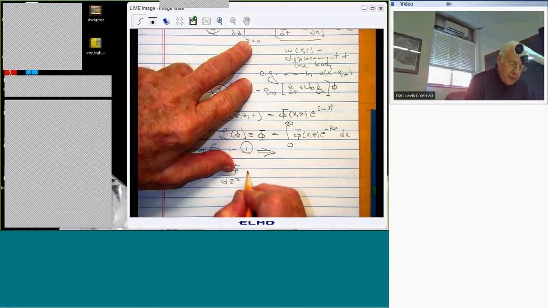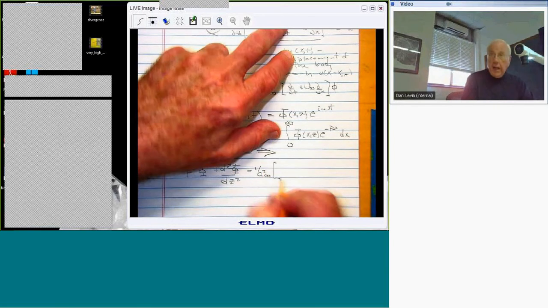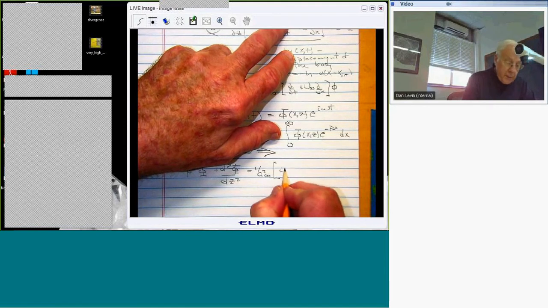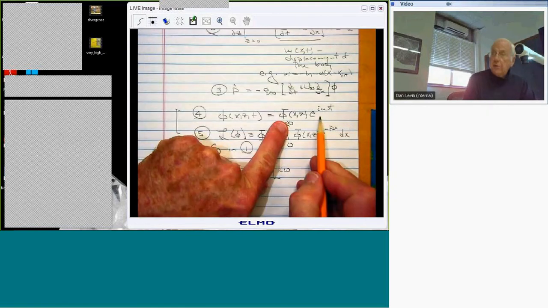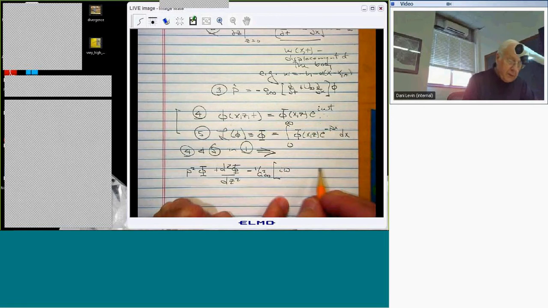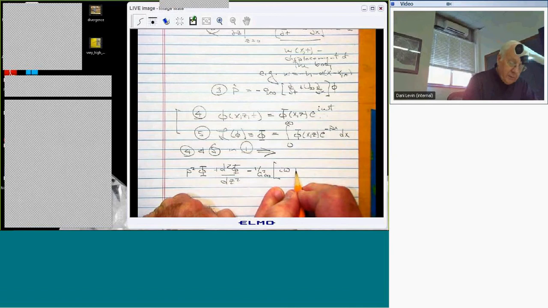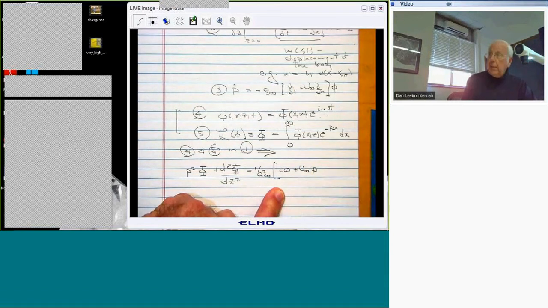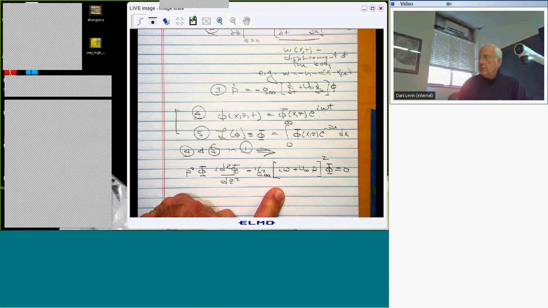And then we have minus 1 over a infinity squared. Derivative with respect to t generates an I omega. You see that by looking at this equation. If I differentiate phi with respect to t, I get an I omega in front of whatever. The derivative with respect to x here generates a factor p. The whole thing gets squared times capital phi equals 0. Right? So we'll call this 6.